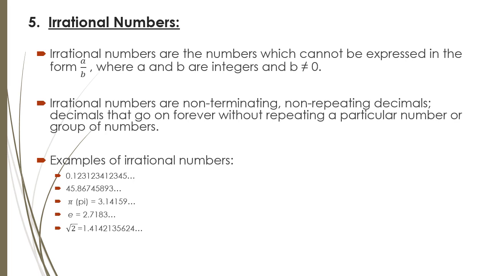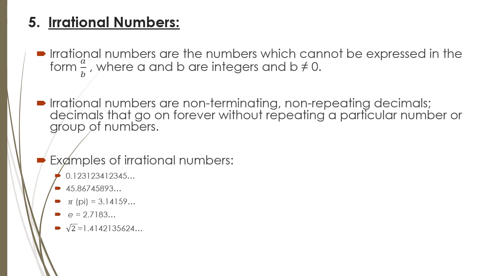If we find the value of square root 2 by using the long division method, which we have studied in class 8, we will find the value of square root 2 is 1.4141352624 and so on. Here we can see that no particular group or a particular number is repeating in the decimal expansion of the number square root 2. That's why square root 2 is also an irrational number.